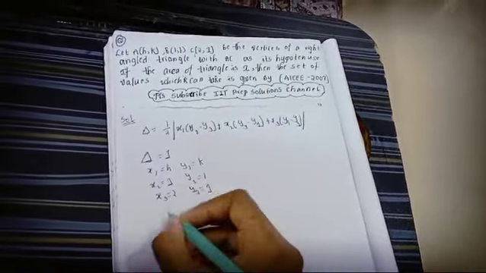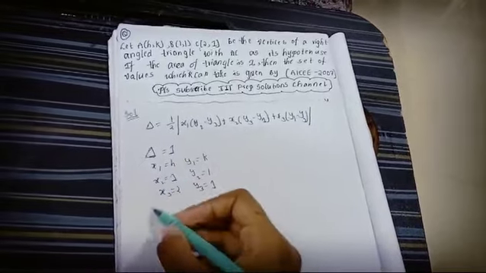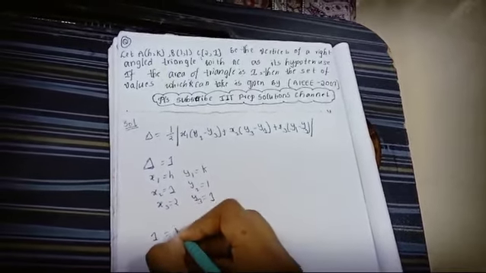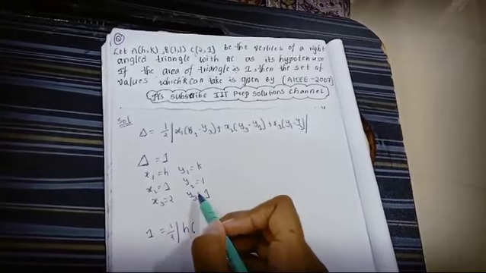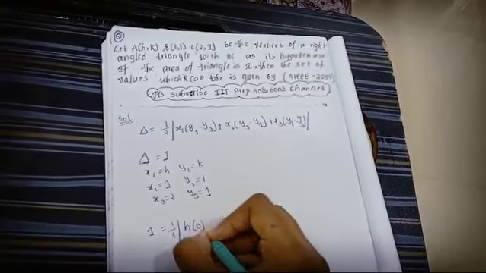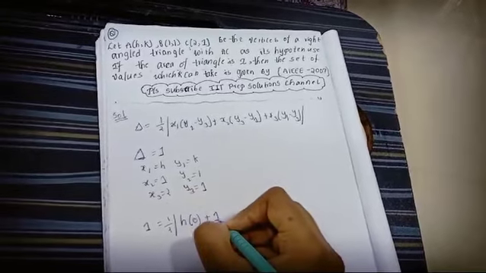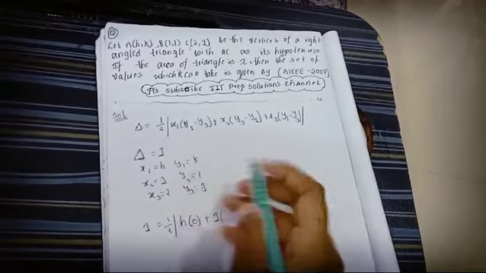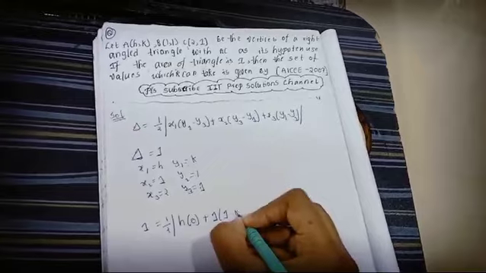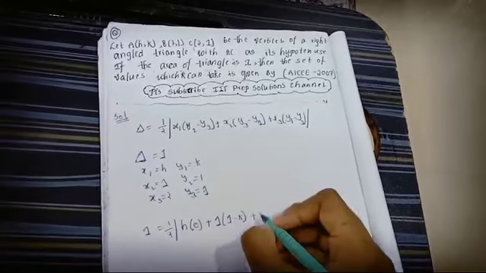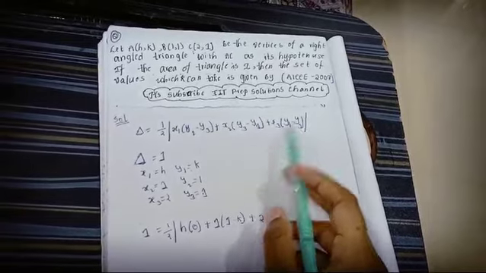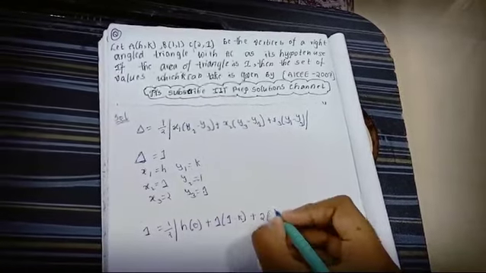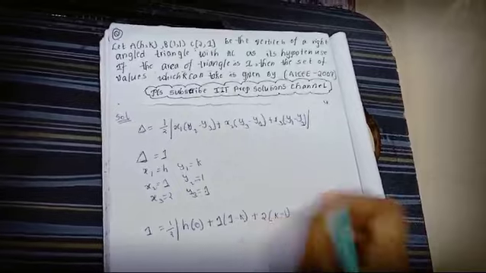Okay, we want to substitute these values in this equation. 1 = half into x1 is h, into (y2 minus y3), 1 minus 1 is 0, plus x2 is 1, into (y3 minus y1), 1 minus k, plus x3 is 2, into (y1 minus y2), k minus 1, is 1.